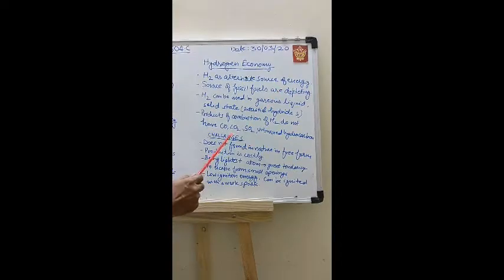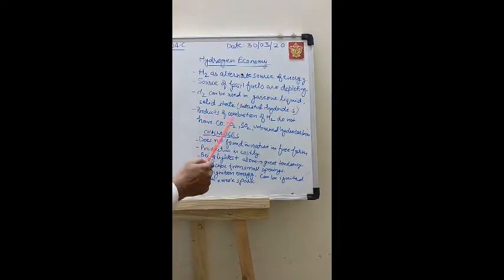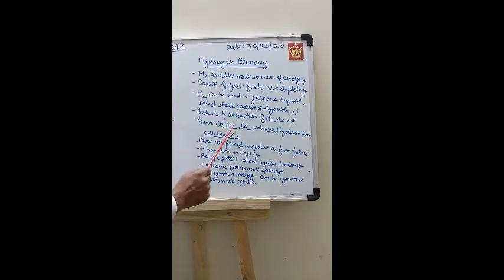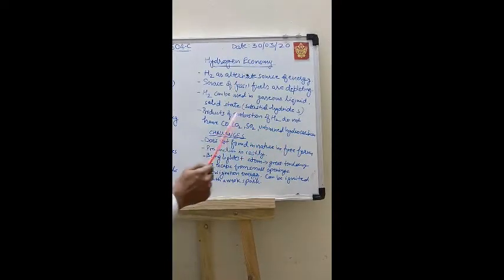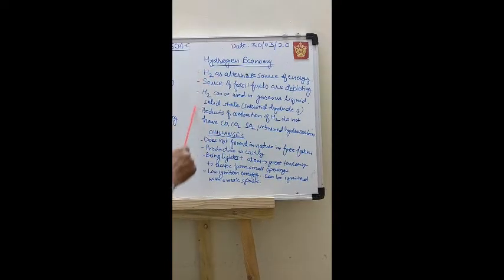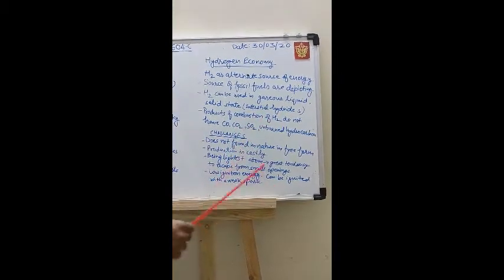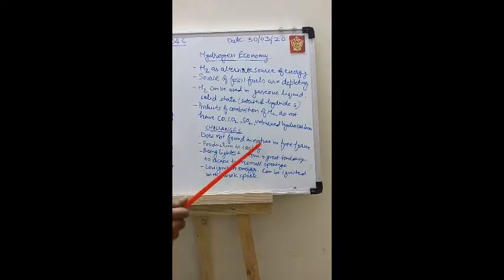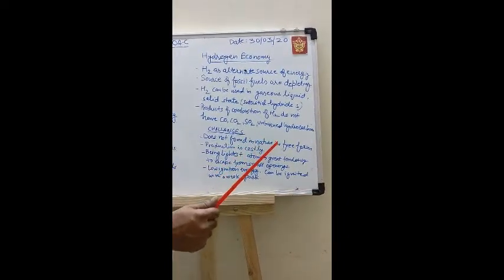As I have already explained, the product of combustion of hydrogen does not have carbon monoxide, carbon dioxide, SO2, and unburned hydrocarbon. So if hydrogen is used for energy generation, it can prove a very good source of energy, and it is environment friendly also.